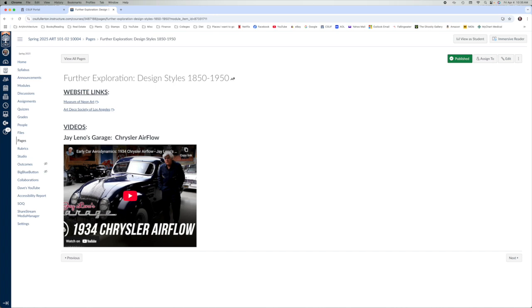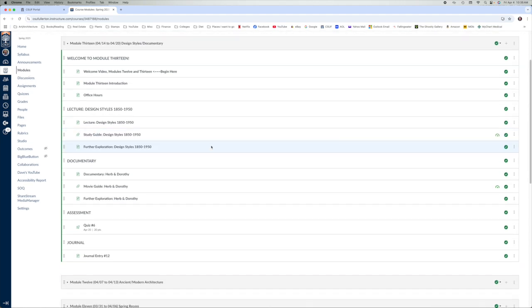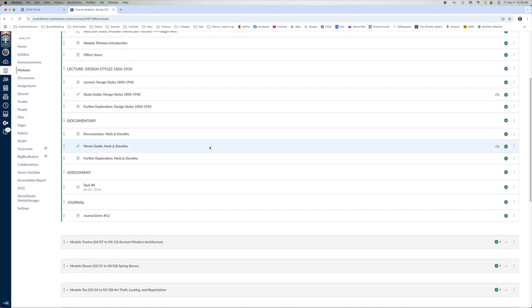Jay Leno has one of them, and he walks you through it. This deals with streamlining. So these are just some of the design styles we're going to be dealing with in that lecture. That lecture also talks about the Bauhaus.